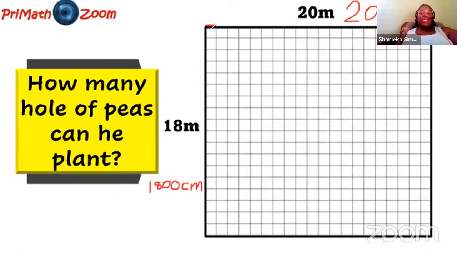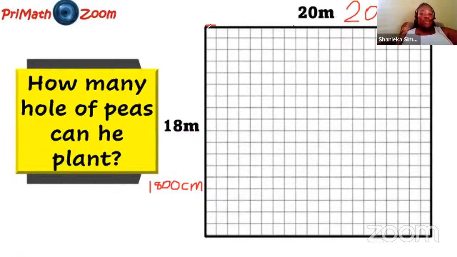However, let's look at this. Remember, all of this was 20 meters, where each of these here was 1 meter. So this was 1 meter, 2 meters, 3 meters, 4 meters, all the way to 20 meters. But now that we have converted the 20 meters to 2,000 centimeters, we know that all this length here represents 2,000 centimeters.